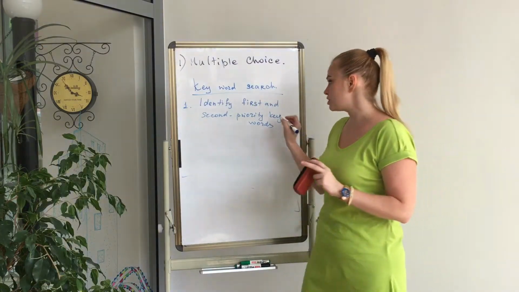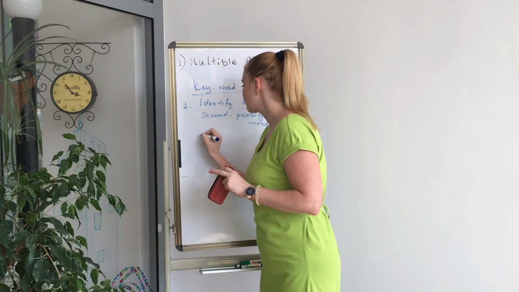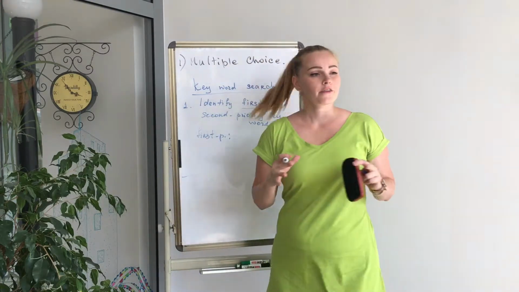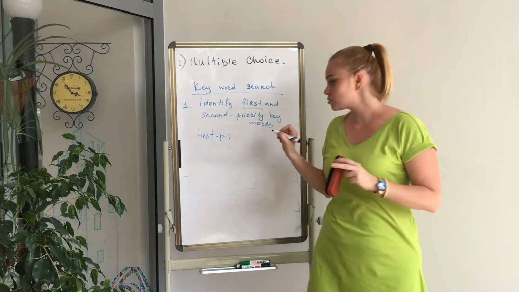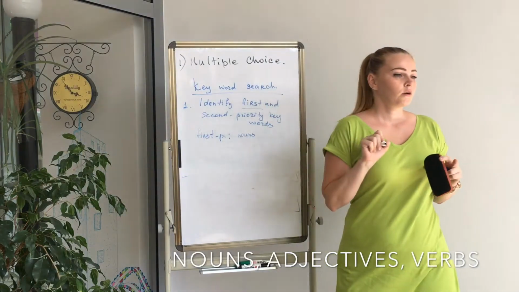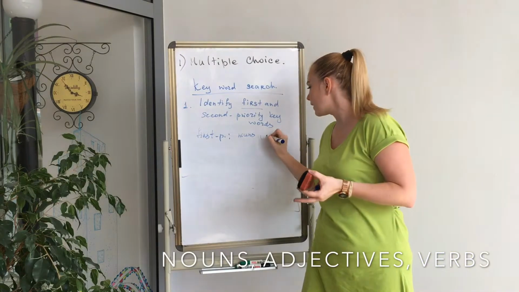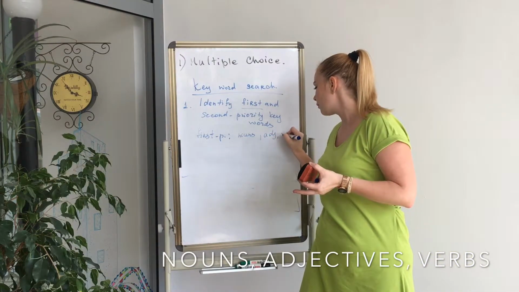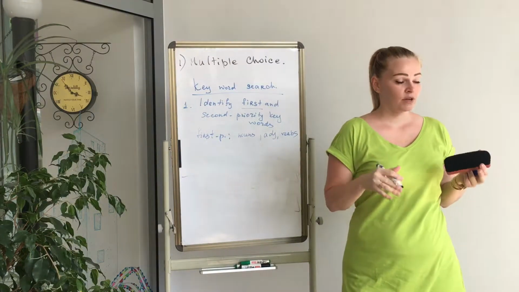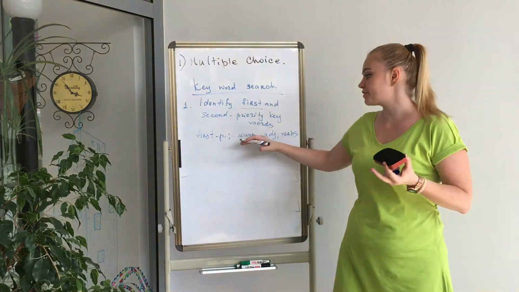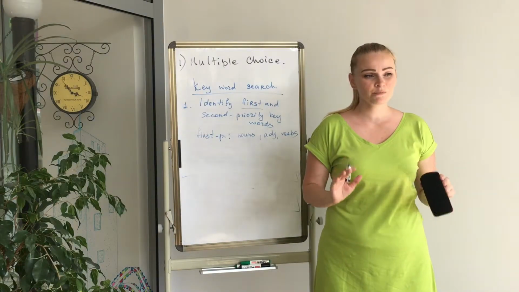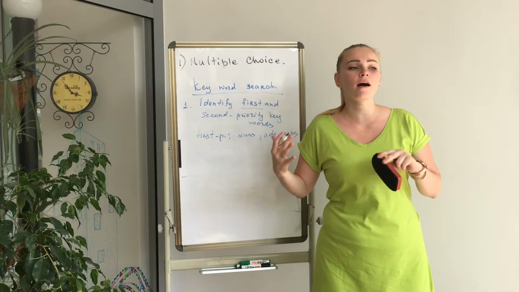So for example, first priority keywords are usually nouns or adjectives or verbs. But if you are looking for first priority keywords, you need to find those which can't be substituted with any other word.